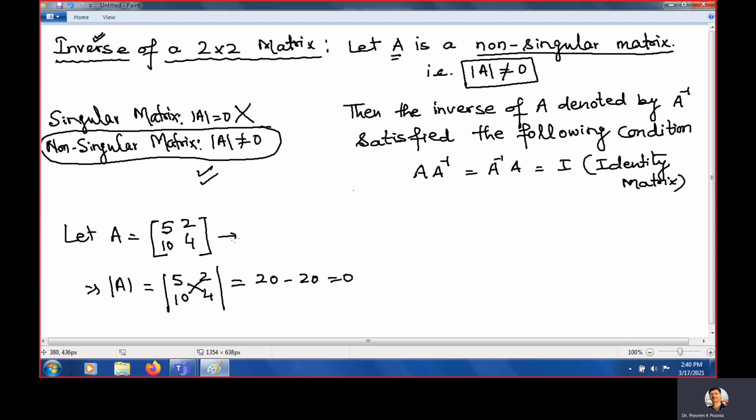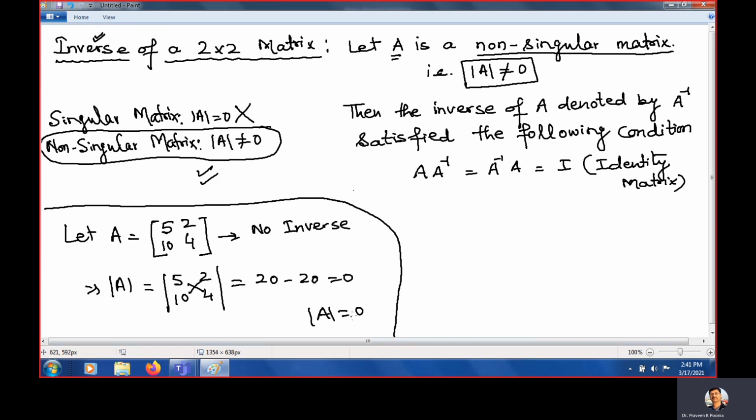So the inverse for this matrix is not possible. No inverse. Why no inverse? Because for this matrix the determinant of A is equal to 0. This you need to remember. If for any matrix we get determinant 0, the inverse is not possible. Please keep this in mind.